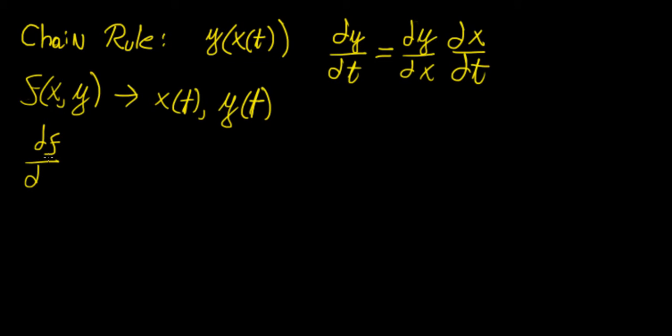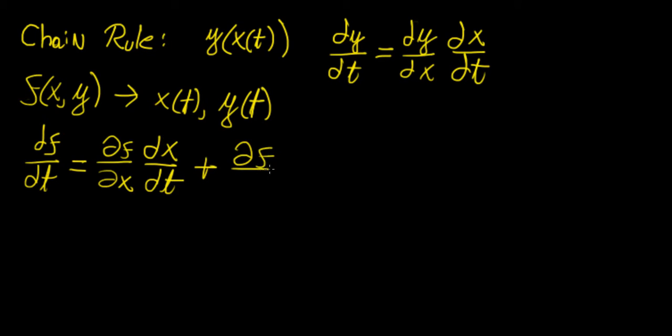So we use the normal df dt notation, and this is going to be equal to the partial derivative of f with respect to x times dx dt plus the partial derivative of f with respect to y times dy over dt.